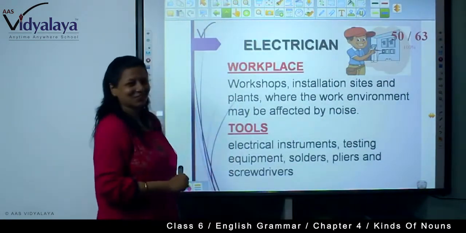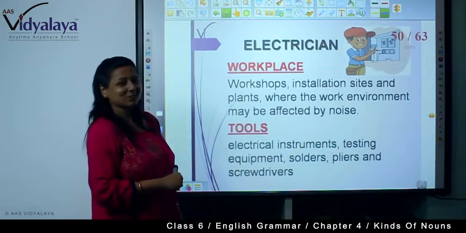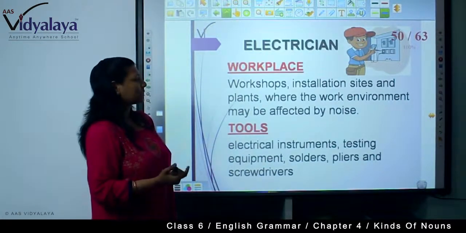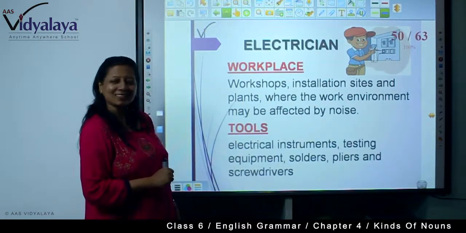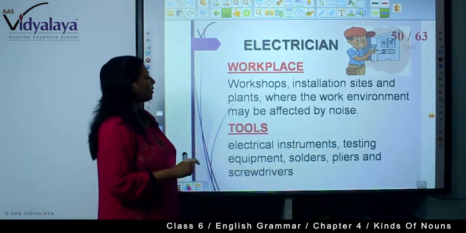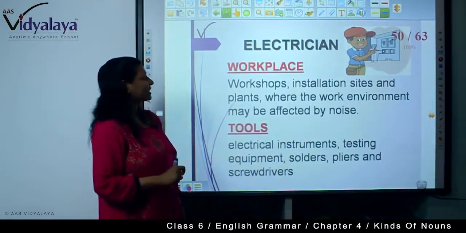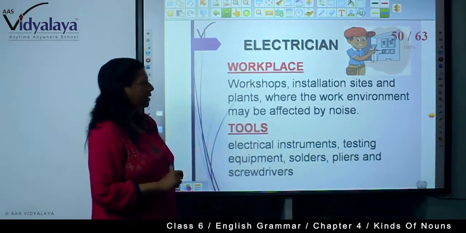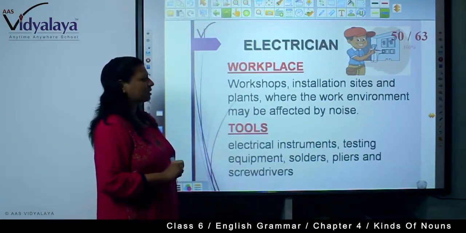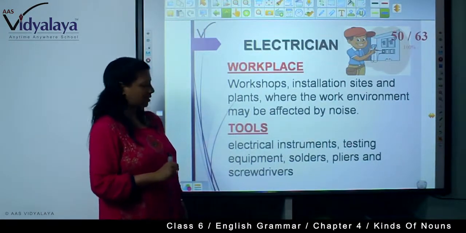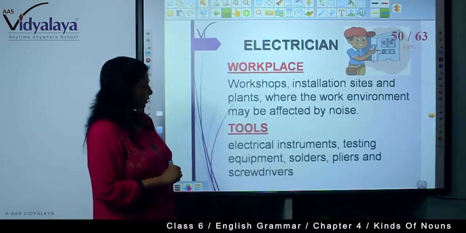Next is electrician. So what is their workplace? Workshops, installation sites and plants where the work environment may be affected by noise. Yes, it's also very noisy. So where do we find an electrician? We find them at workshops, in installation sites and plants, and where the work environment may be affected by noise. So what are the tools that they use?